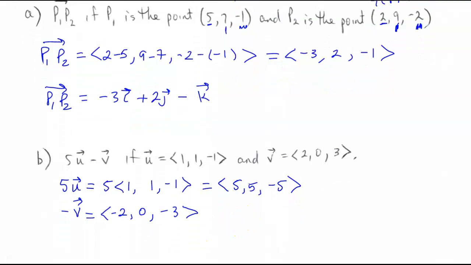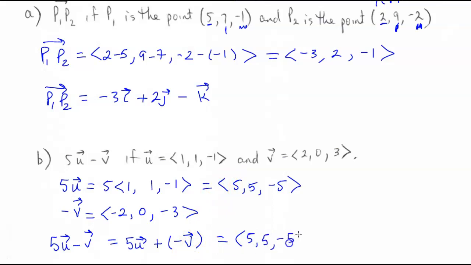And so finally, we know that 5 times this vector minus that vector is the same as 5 times this vector plus the negative of vector v. And here we just look at our components and do what we need to do. So this will be 5, 5, negative 5, plus negative 2, 0, negative 3.